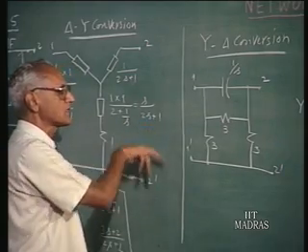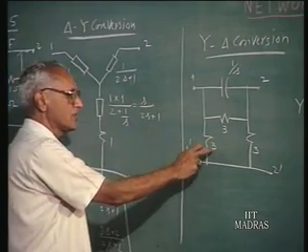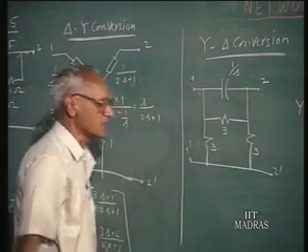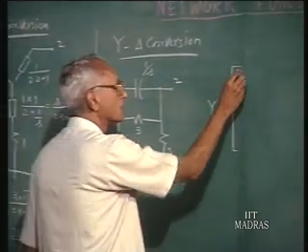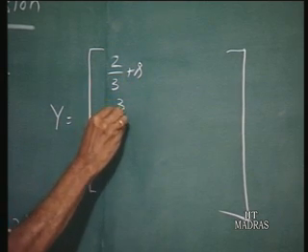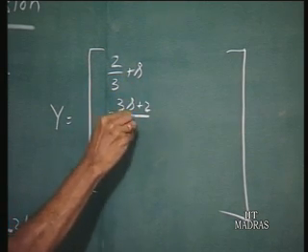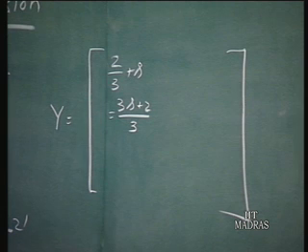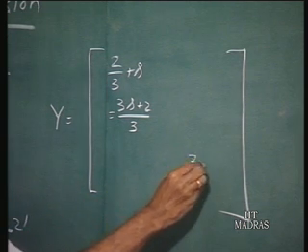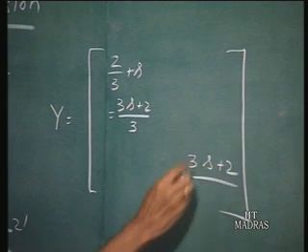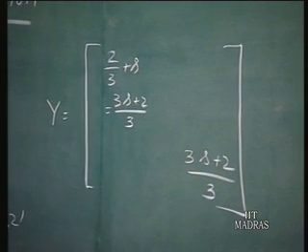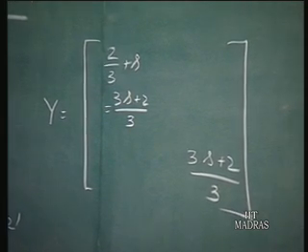So port 1 sees an admittance which is the sum of this admittance plus this admittance plus this admittance. That will be 2/3 plus S, which is S plus 2/3. And by symmetry, the admittance seen from port 2 as well will be S plus 2/3. Now what about the transfer admittance?